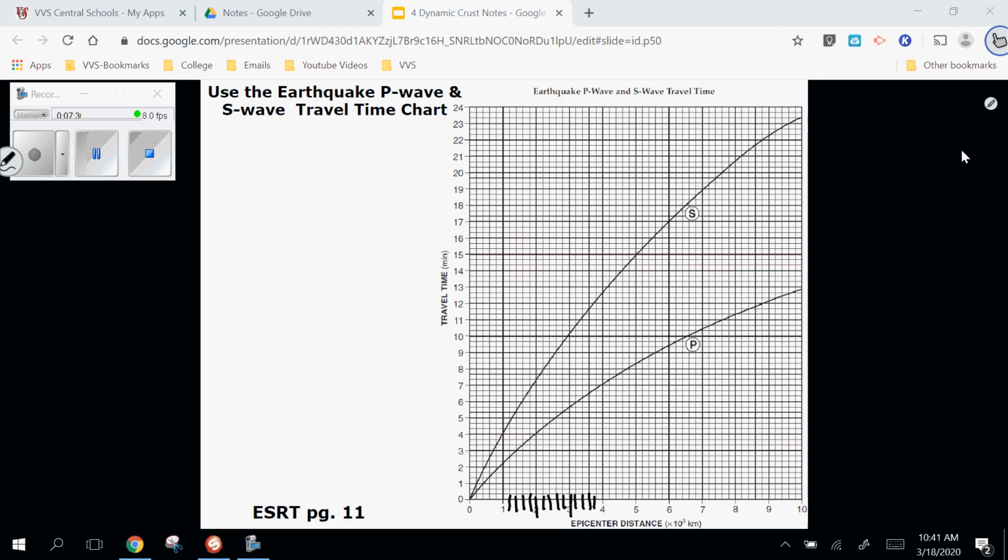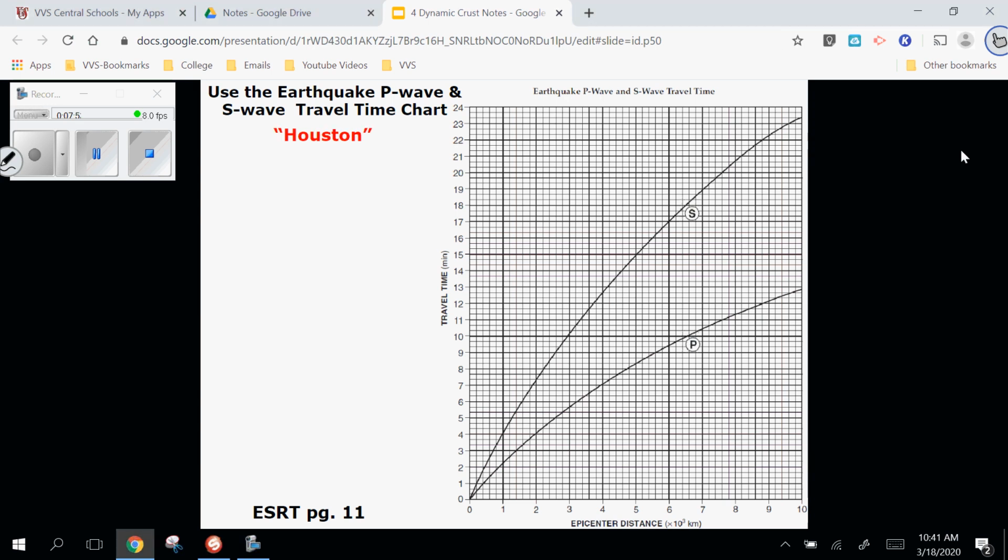You get the idea? Each of those is 200. Now if we go up the side, this is our travel time in minutes. 1 minute, 2 minutes, 3 minutes, 4 minutes. So this would be 1 minute 20 seconds, 1 minute 40 seconds, 2:20, 2:40, 3:20, 3:40, and so on.